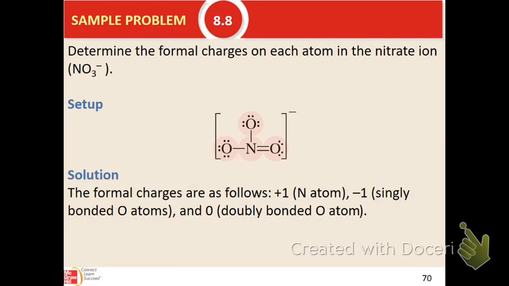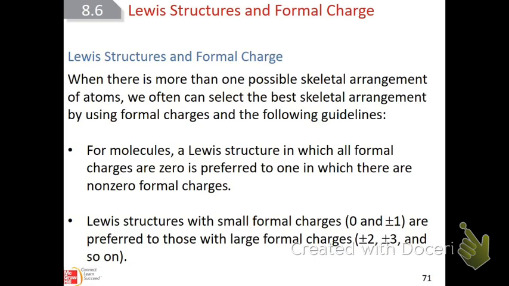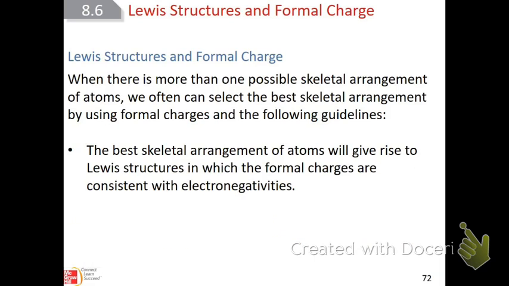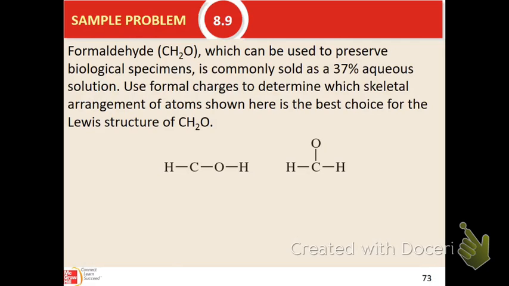When there's more than one possible skeletal arrangement, the best skeletal arrangement, a Lewis structure in which all the formal charges are 0, is preferred. So if you can get all your charges to be 0, it's going to be better. Small formal charges are better than larger ones. She gives you an example right here. Notice this one has a 0, a negative 1, a positive 1, and a 0.